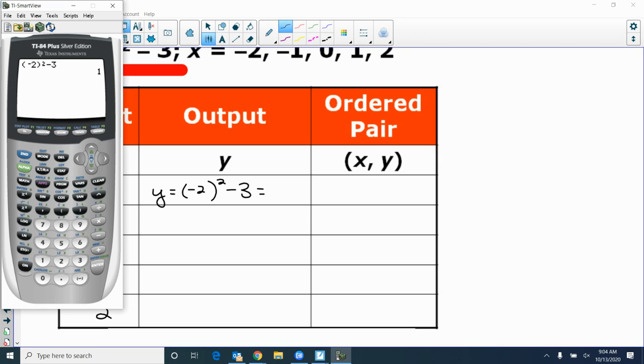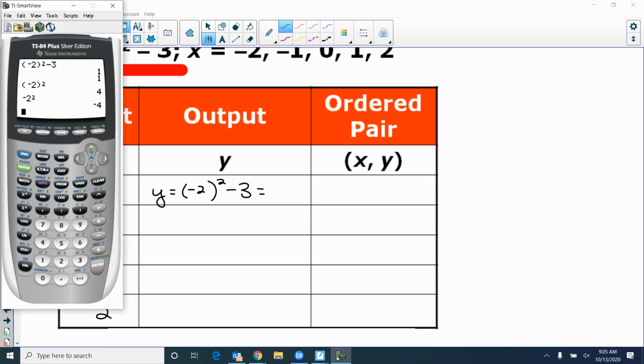Now, make sure you understand why. When you do -2 squared in parentheses, it gives you +4, because it's doing -2 times -2. If you don't use parentheses, it'll give you -4, and then it'll subtract 3, and that's how you get -7.